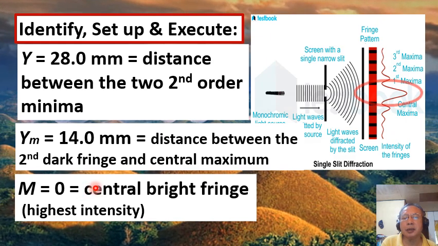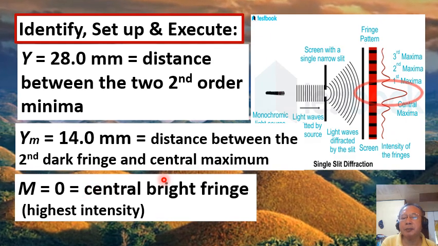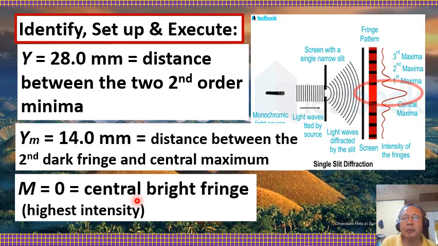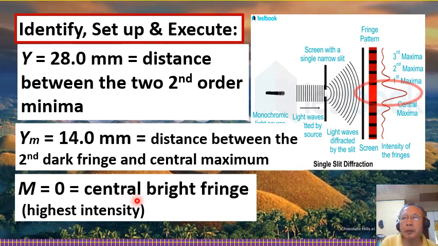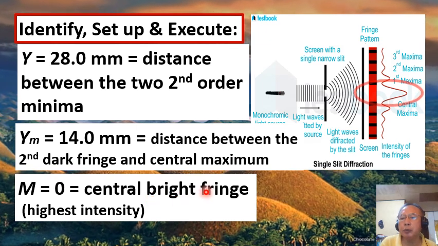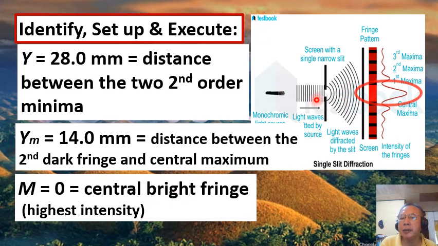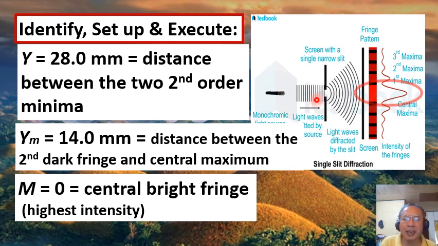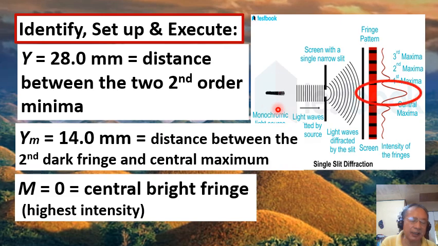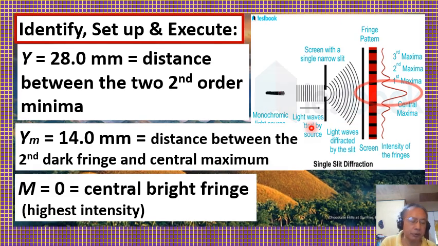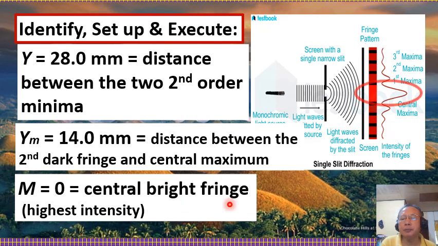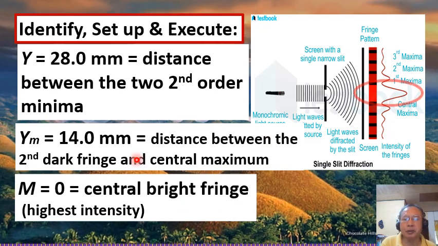In fact, it is considered the central bright fringe, the result of constructive interference of two waves that are in phase. So it has the highest intensity, and therefore is considered the brightest maximum, or bright fringe.